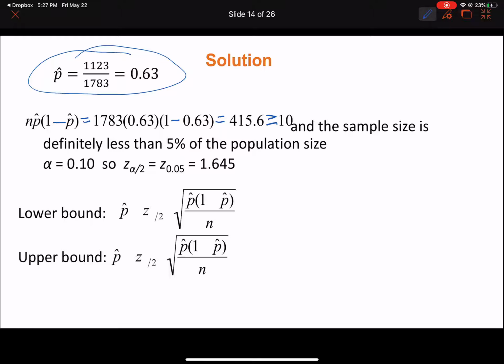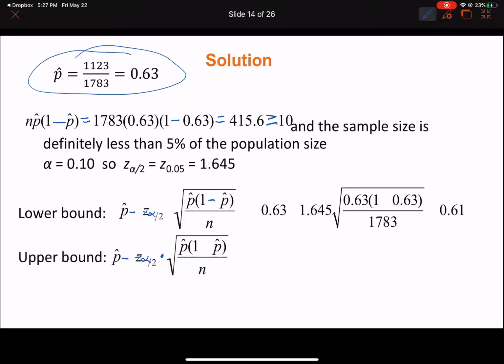So I have p-hat minus z of alpha divided by 2. So this is how we are going to calculate that. Let me write this again because it doesn't like to. So my critical value, I got that from the Z table.